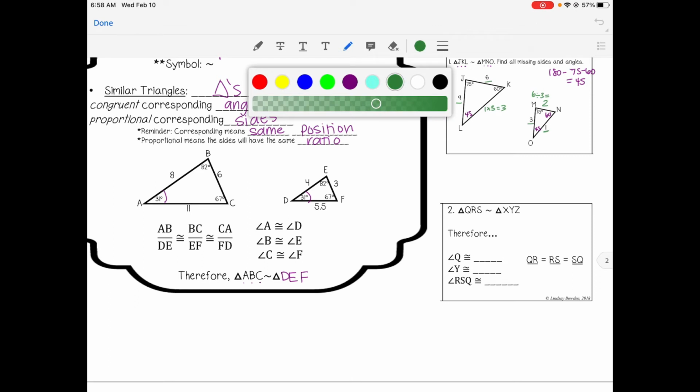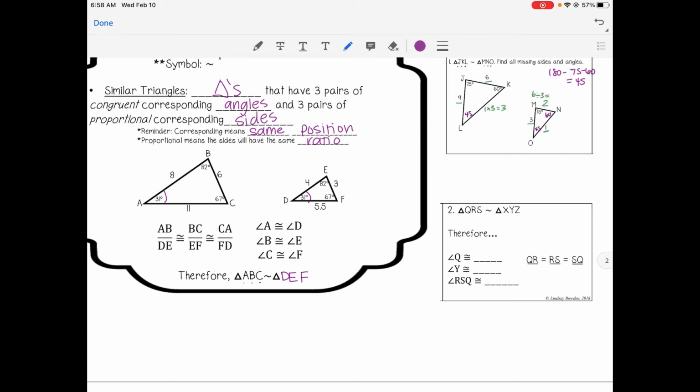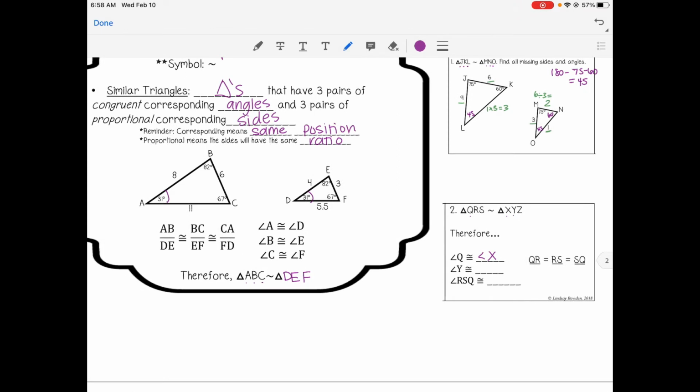As we take a look at this next one, we're just going to write the similarity statements to make sure we understand what similar triangles are. So if you've got angle Q, that is congruent to angle X. Angle Y, the second letter, is congruent to angle R, the second letter.